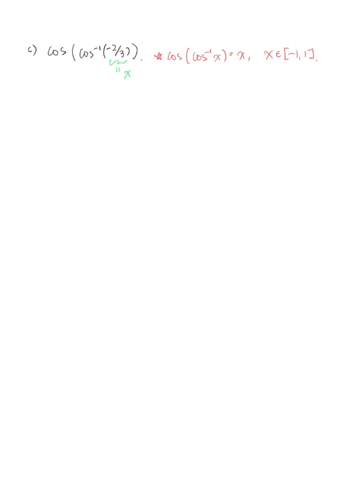Now I believe that negative 2/3 is inside of negative 1 to 1. So since x equals negative 2/3 is inside of negative 1 to 1, we can apply the property: cosine of cosine inverse of negative 2/3 is going to be just negative 2/3.